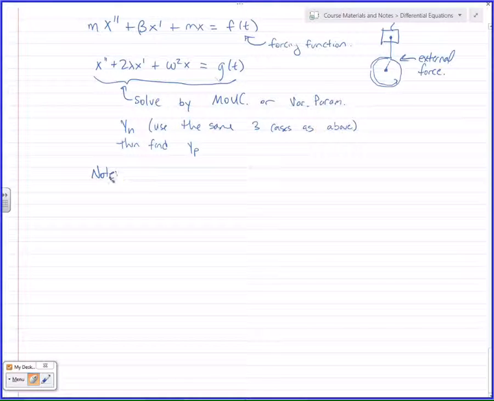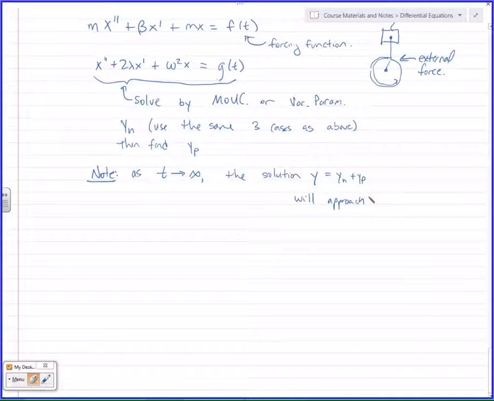Note, what's interesting about the solution is that as t goes to infinity, the solution y, which is y sub h plus y sub p, will approach y sub p. It'll always end up in the long term matching the long term behavior of y sub p.